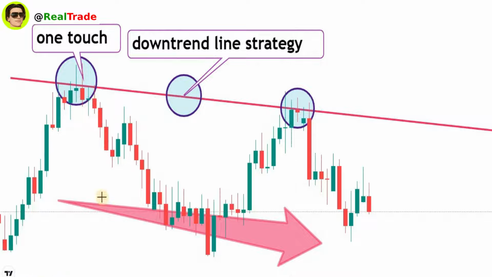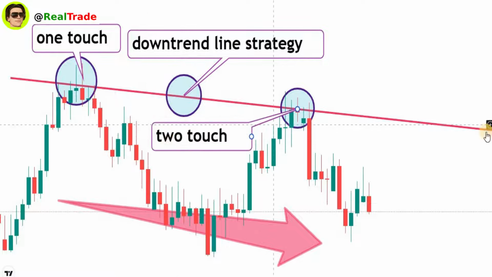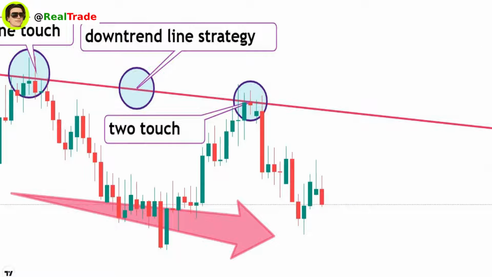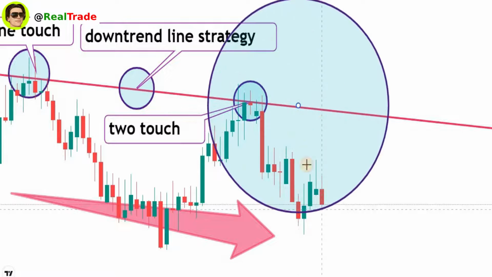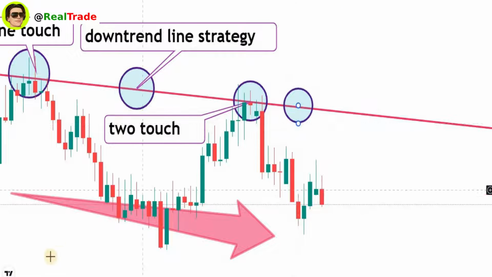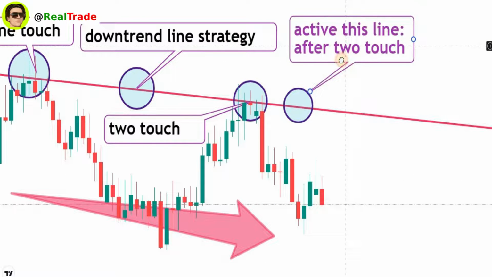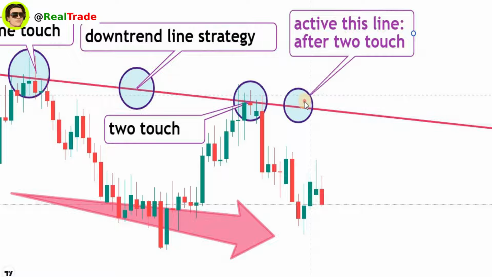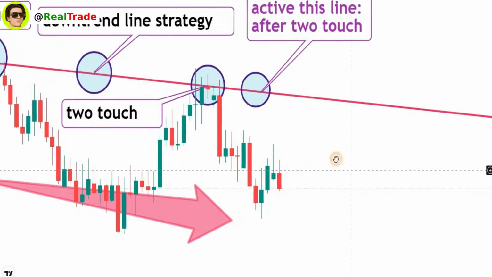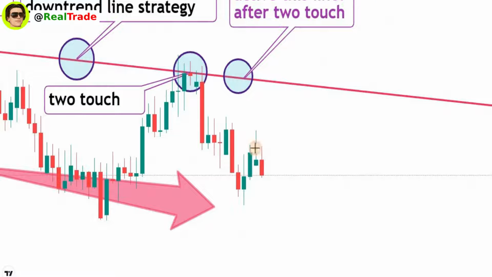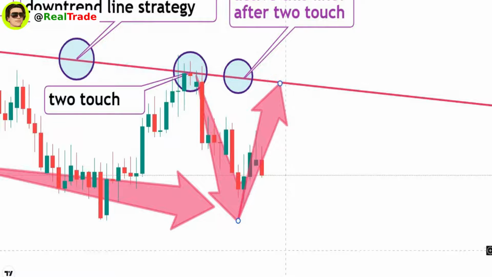This point is two touch and back price. Price goes buy, goes sell. Yes, this point is on this line, and the downtrend line strategy is active because it has two touches.